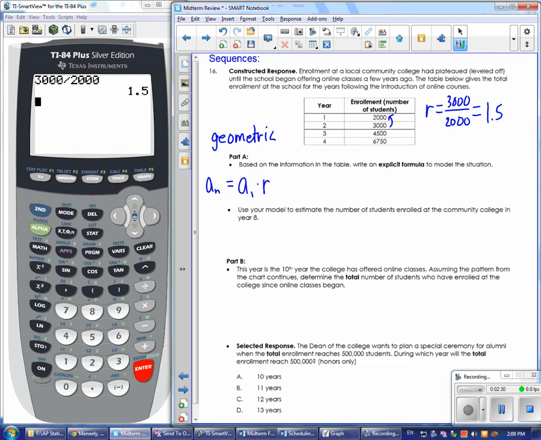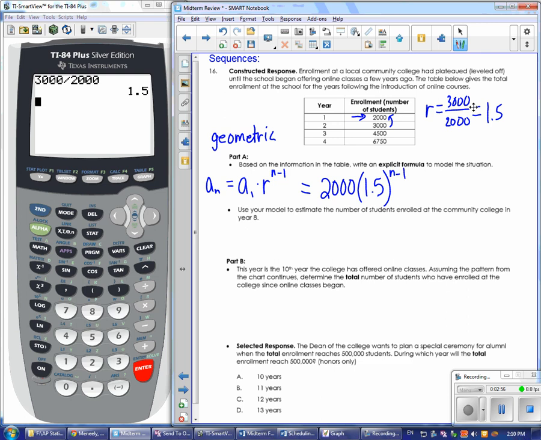And when I'm multiplying the same thing by itself over and over again, that changes the exponent. So I'm going to raise r to the n minus 1 power. If I think about my situation, the first term in this sequence is 2,000. And so my equation should start off as 2,000 times 1.5 raised to the n minus 1.